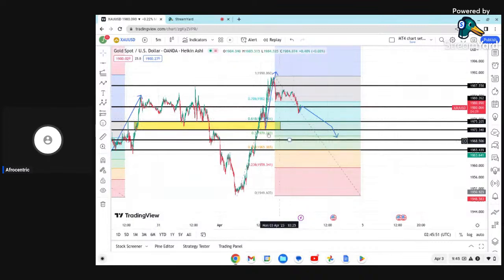When this drops, here's a low point, that's a liquidity target, and I know there are some imbalances in that area too. Here's another low point, it could potentially look to take that out. I still like this for the drop. GU, I'm not looking too much at AUDUSD, but yeah, that's going to drop too.